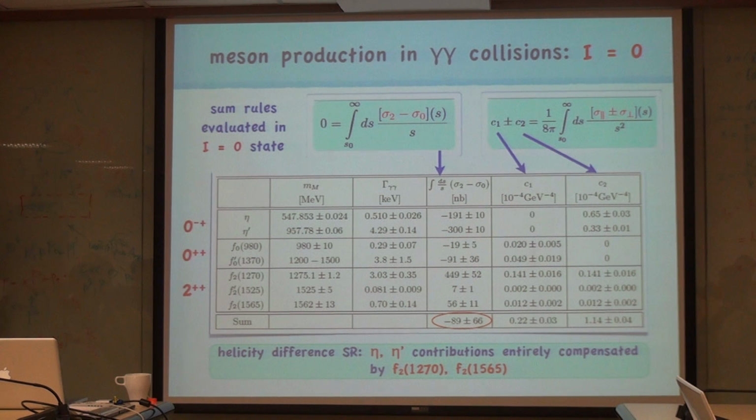Let's just apply one of these sum rules, which I just explained for you, which is the difference between the helicity 2 cross-section minus the helicity 0 cross-section as a function of energy. But for simplicity, let's assume that they are completely saturated by meson states which have these definite quantum numbers.